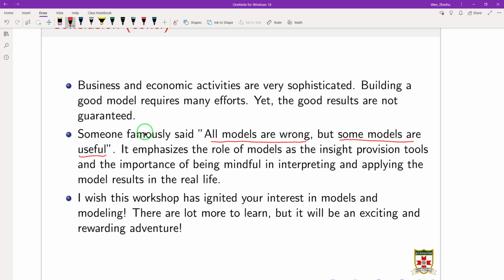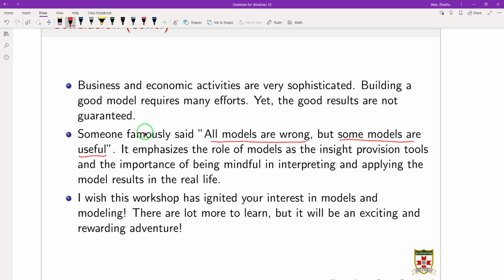It emphasizes the role of models as insight provision tools and the importance of being mindful in interpreting and applying the model results in real life. You need to know that there's a limitation to what a model can do. You have to humbly acknowledge that there is a limit to modeling, and be careful as you apply and interpret the model because you understand its limitations.